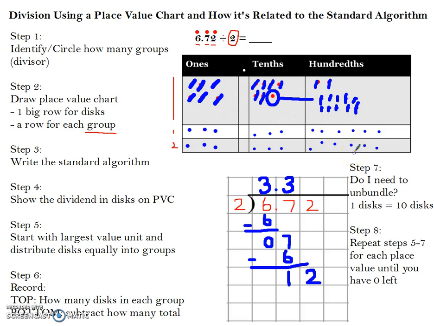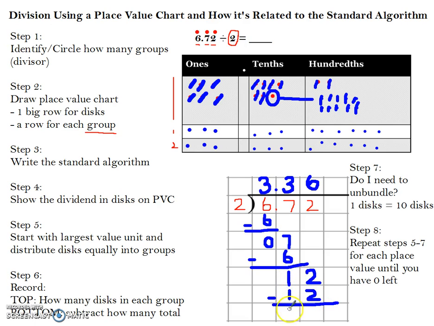So now I need to record it, step 6 on my standard algorithm. I have on top 1, 2, 3, 4, 5, 6 discs in each group. So above my hundredths number in my dividend, I'm going to write how many hundredths discs I have in my problem, which is 6. Now I need to write my subtraction sentence. I can count how many I have in all up here, or I can do 6 times 2, which equals 12.